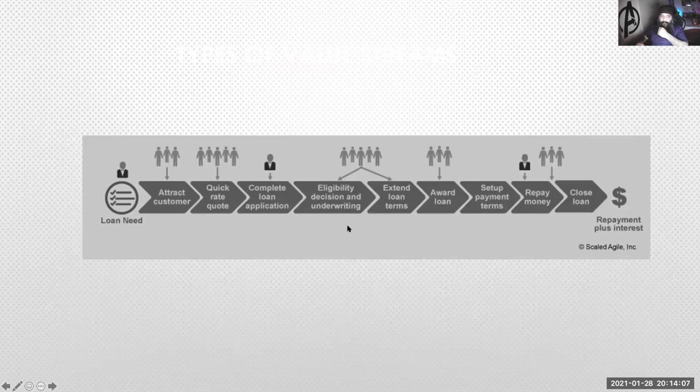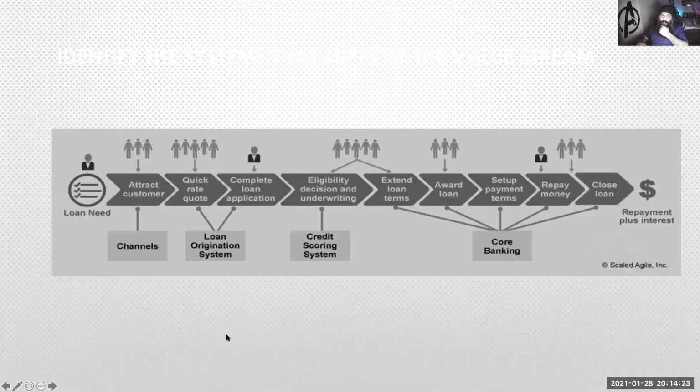Yeah. So we picked up one of these examples earlier, right? A business context where you're trying to provide a loan to a particular customer. We went through this, and now we understand how the value is flowing. Even though this is the value stream, how are the systems set up? Most probably, to attract customers, you have a system which is your channels, right? The channel sales and all that.